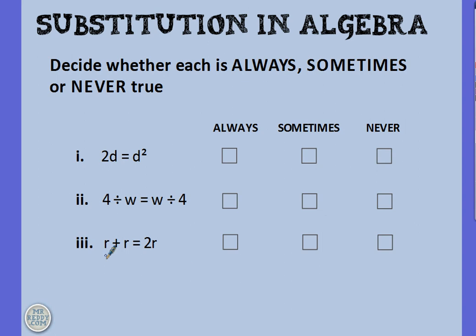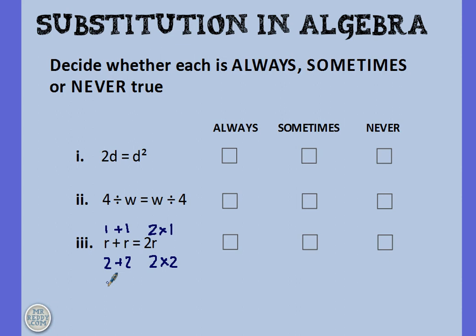Okay, and then the last one, r plus r equals 2r. If I substitute, let's say r for 1, then I would get 1 plus 1, and here I get 2 times 1. Well, they're both equal. If I substituted r for 2, I'd get 2 plus 2, and that would then be 2 times 2, and they're equal.